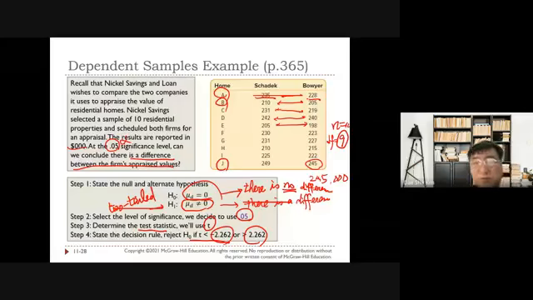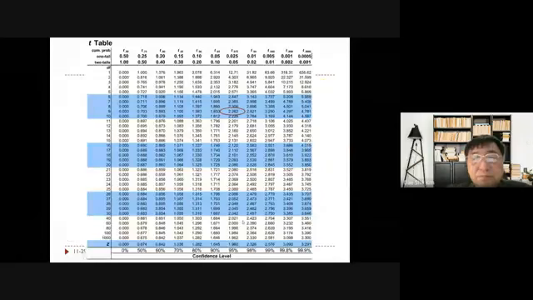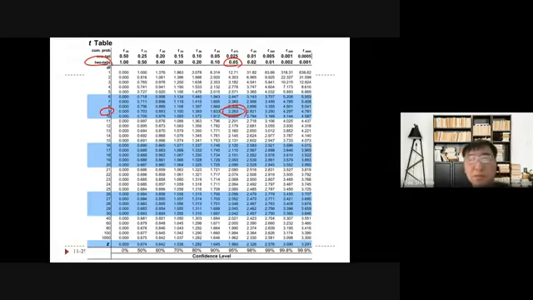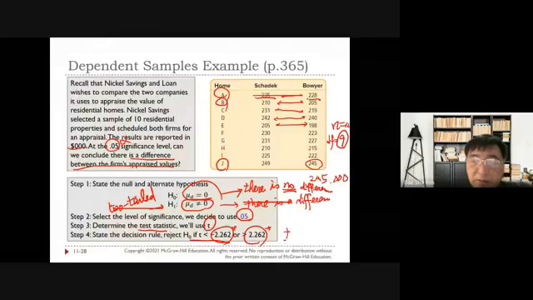Alpha is 0.05. We need to find the critical t value from the table. With degree of freedom 9 and 0.05 two-tail, the answer is 2.262. So plus or minus 2.262 is the critical t. This is t star.